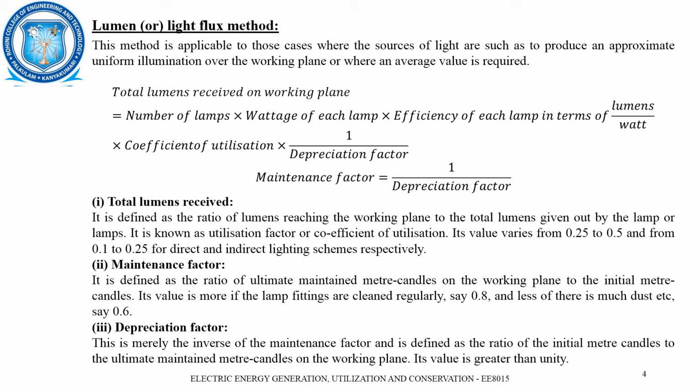Its value is more if the lamp fittings are cleaned regularly, say 0.8. So this means we are maintaining the lamp surroundings and lamp fittings. In such a case, if it is clean, the value is 80%, and it is less if much dust is present, it may be 60%.